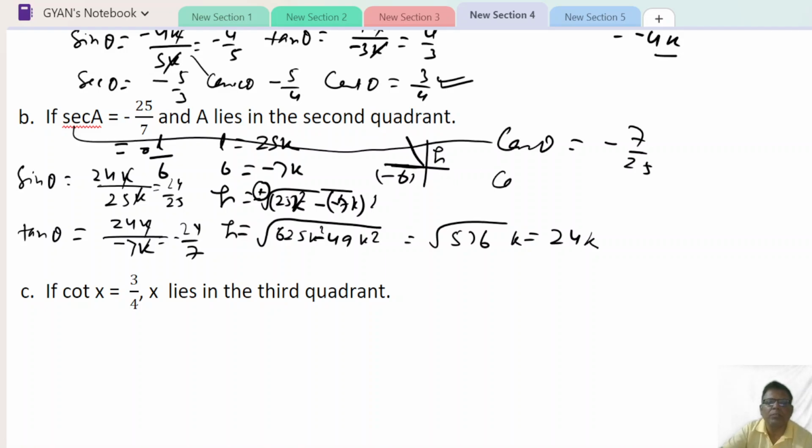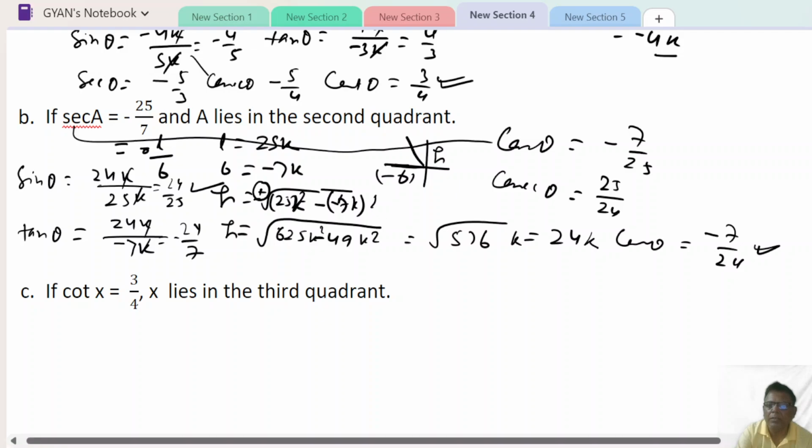Cosec theta, the reciprocal of sin theta, is equal to 25 by 24. And tan is minus 24 by 7, so cot theta is equal to minus 7 by 24.